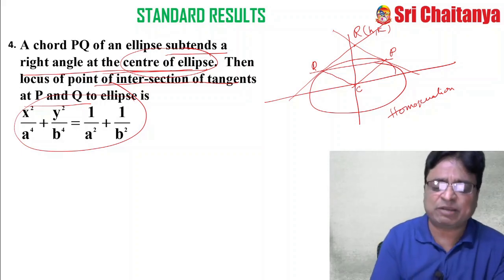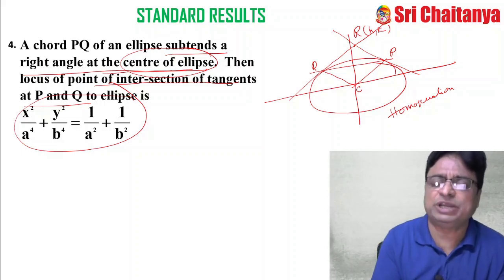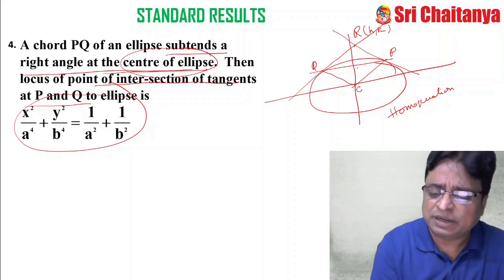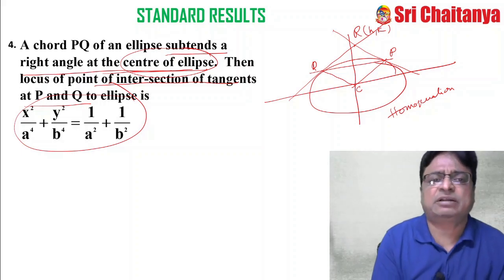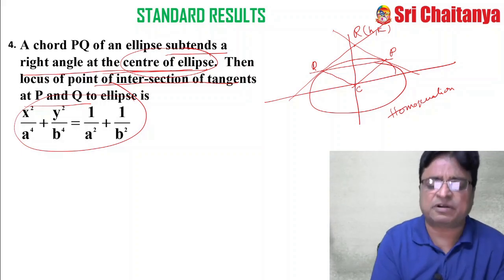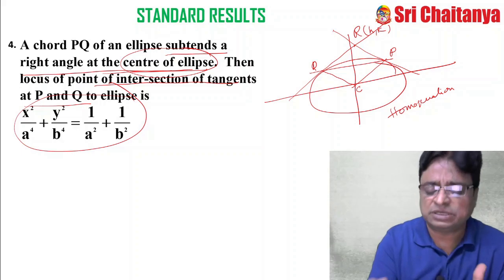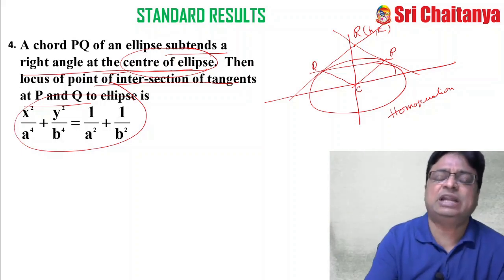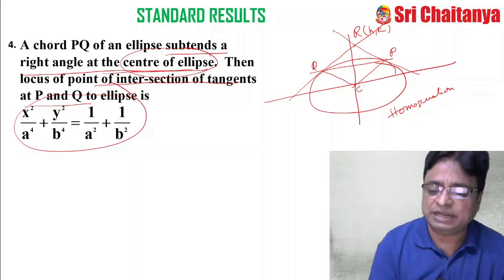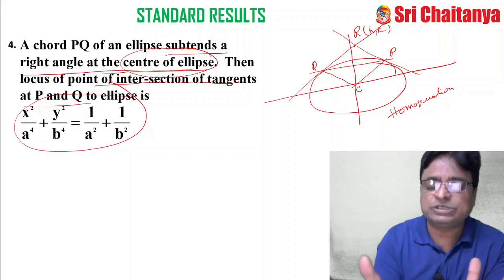So now my simple job is this: with respect to R, this is nothing but the chord of contact. I am writing the equation of the chord of contact, and I am homogenizing the ellipse with the chord of contact.